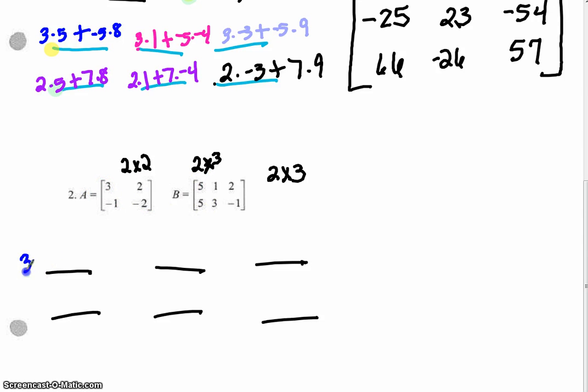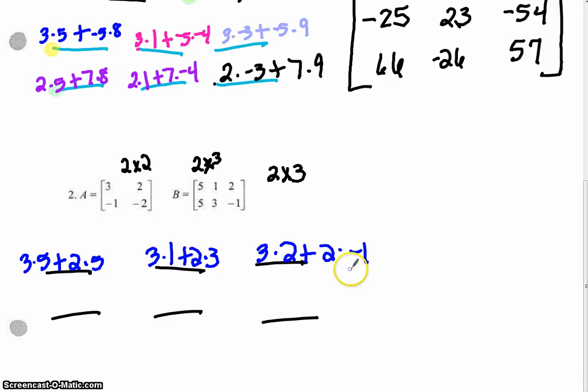So this becomes 3 times 5 plus 2 times 5. Row 1 times column 2 is 3 times 1 plus 2 times 3. Row 1 times column 3, 3 times 2 plus 2 times negative 1. Then you use row 2. So negative 1 times 5 plus negative 2 times 5.